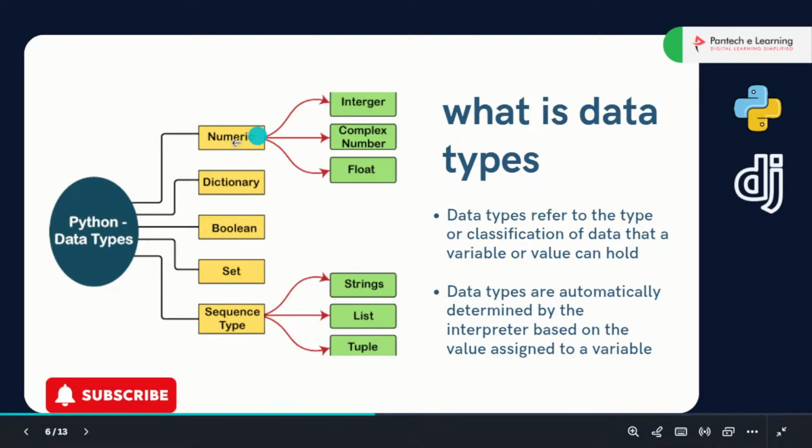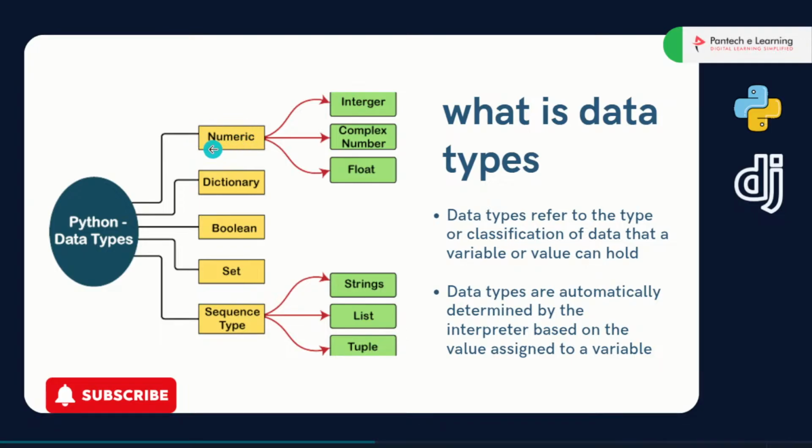The number is called numeric and integer. In numeric we have integer, complex number and float, and a dictionary is also one of the data types. And boolean is true or false, that is called a boolean. And set is also one of the data types. In sequence data types we have string, we already know that what is in double quotes is called a string, and list and tuple.